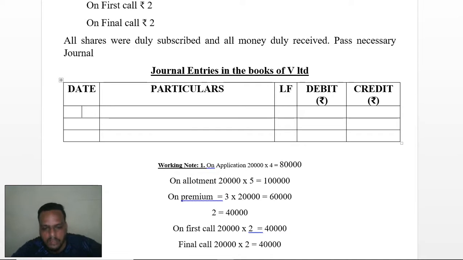Let's begin with the first point. On application you have received 4 rupees for 20,000 shares.